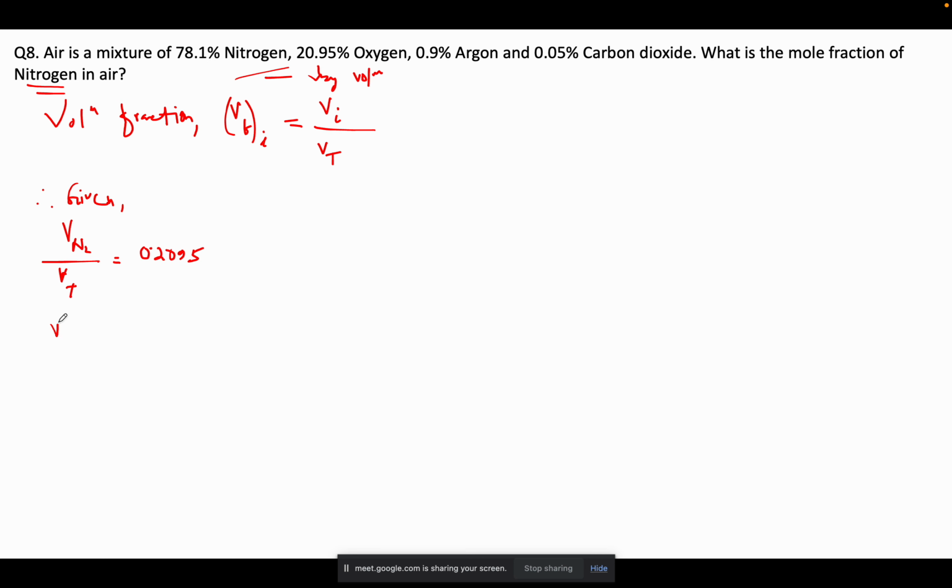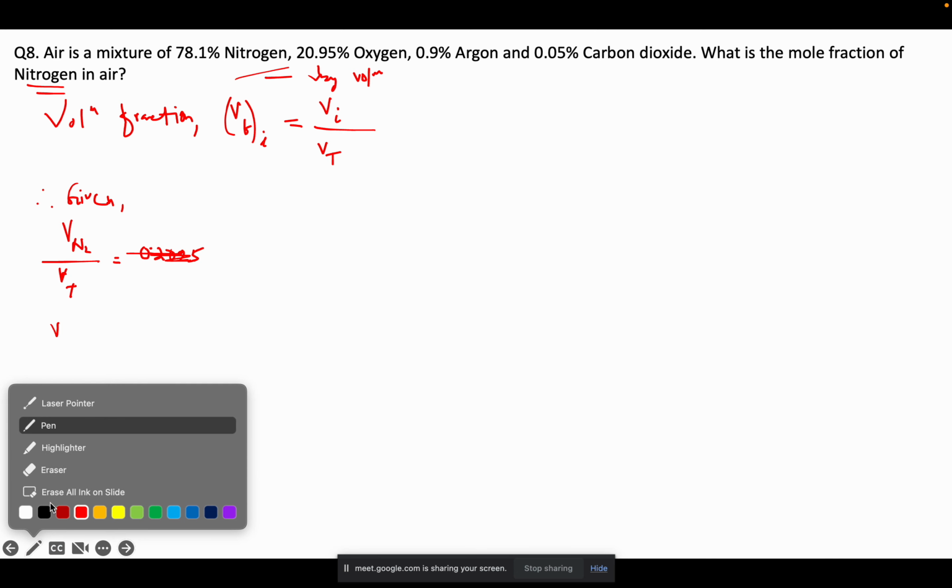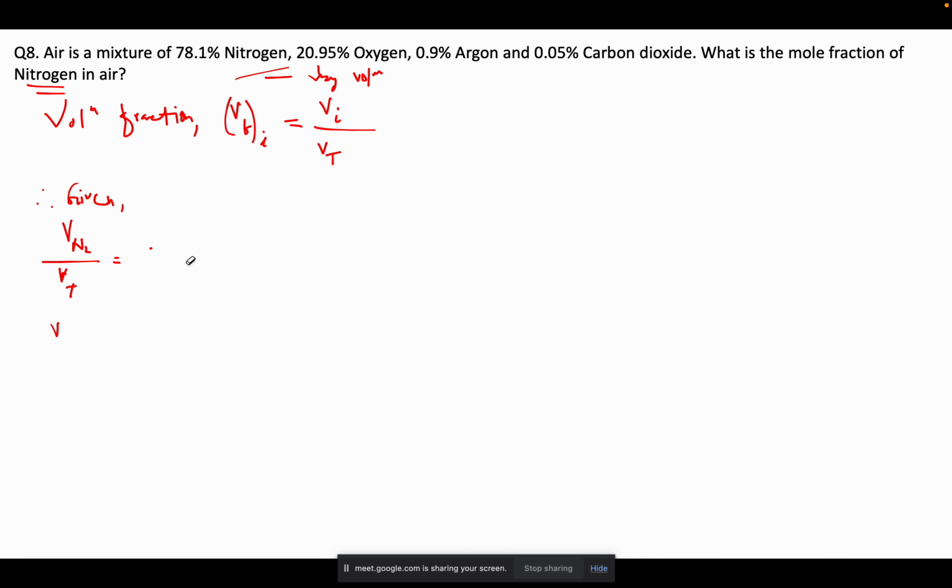Okay, similarly nitrogen is 0.781. And V oxygen divided by total volume is given as 20.95%, which will be nothing but 0.2095.